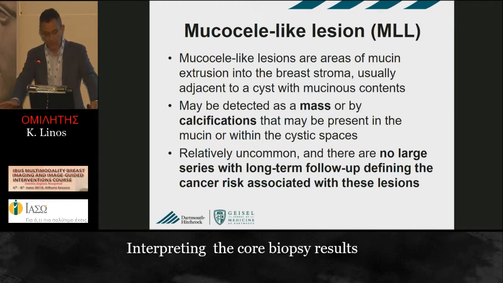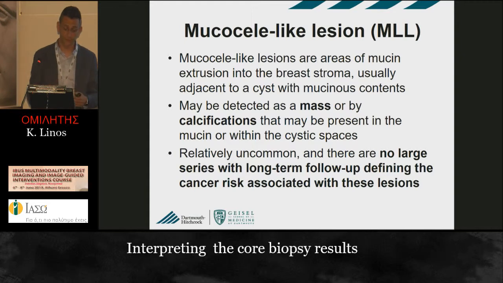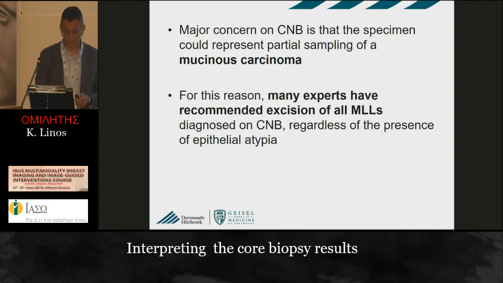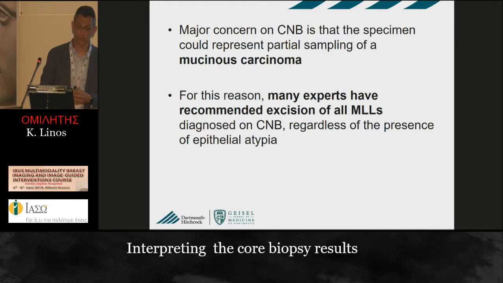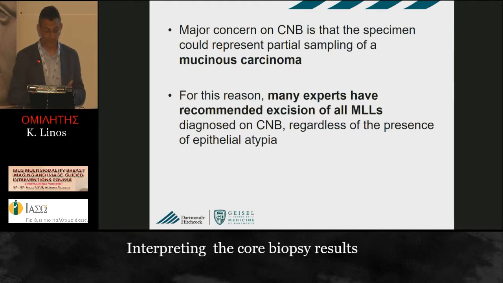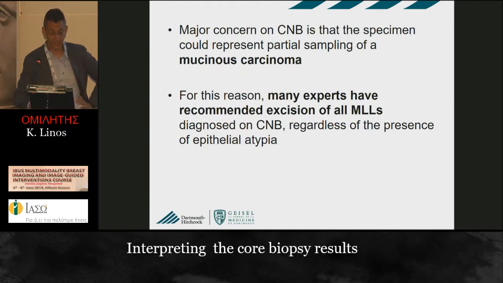They're not that common, and there are no large series with long-term follow-up data defining the cancer risk associated with these lesions. The major concern, if you get this diagnosis on core needle biopsy, is: is this a sampling error? Could this represent mucinous carcinoma? For this reason, many experts recommend excision of mucocele-like lesions diagnosed on core needle biopsy, regardless of whether you see atypia or not.